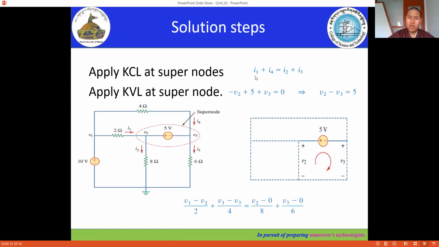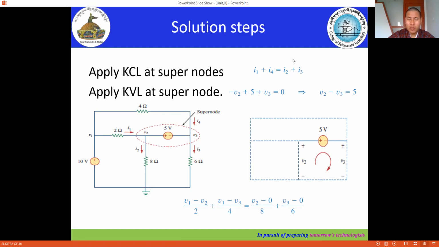Now for this one, I1 is equal to V1 minus V2. Then I4 is equal to V1 minus V3. I have written it here. And then I2 is equal to V2 minus 0, and I3 is equal to V3 minus 0 divided by 6.